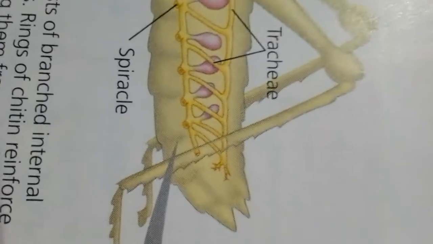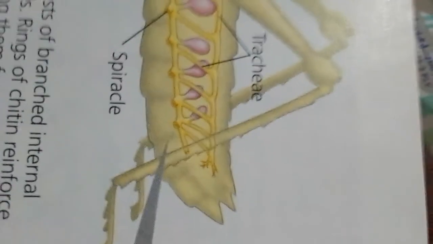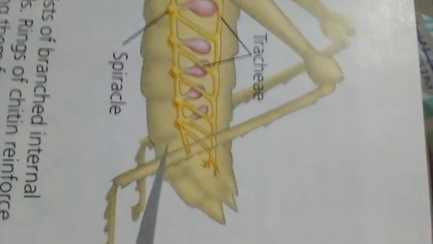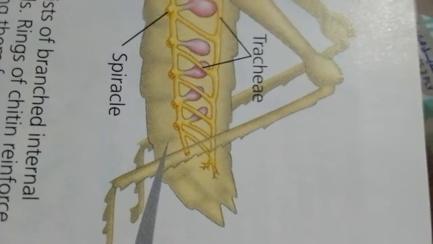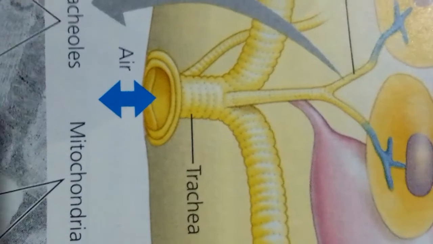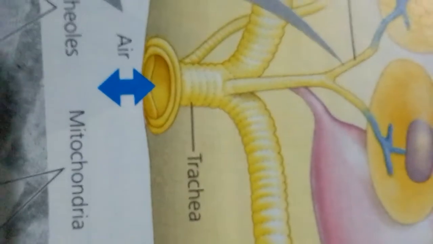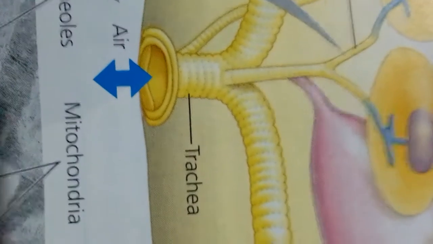Larger insects with higher energy demands ventilate their tracheal system with rhythmic body movements that compress and expand the air tubes like bellows. An insect in flight has a very high metabolic rate, consuming 10 to 200 times more O2 than it does at rest.